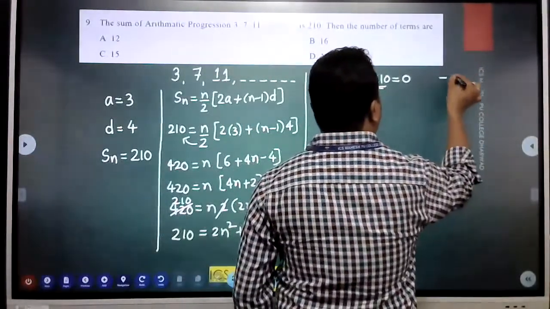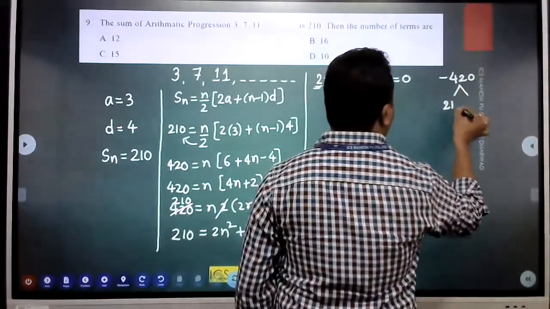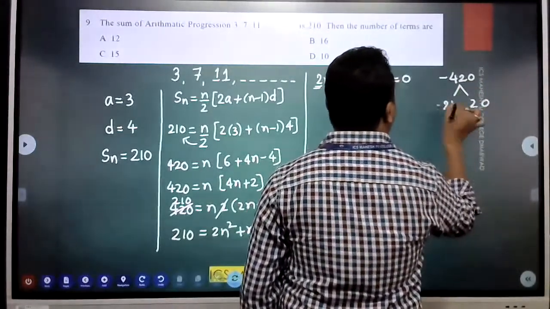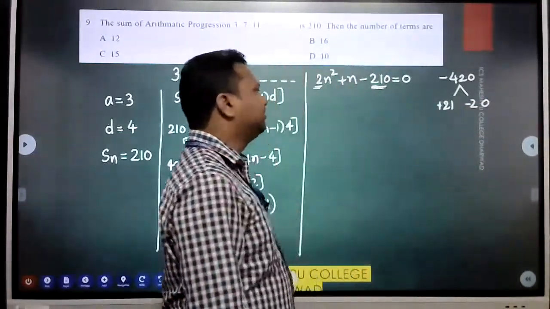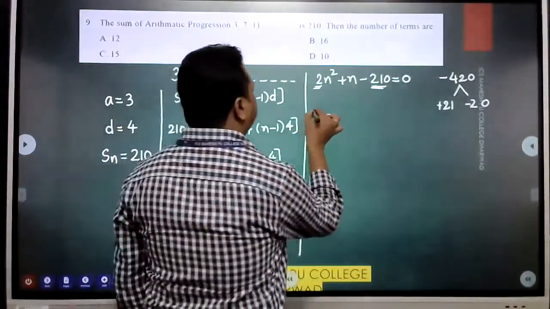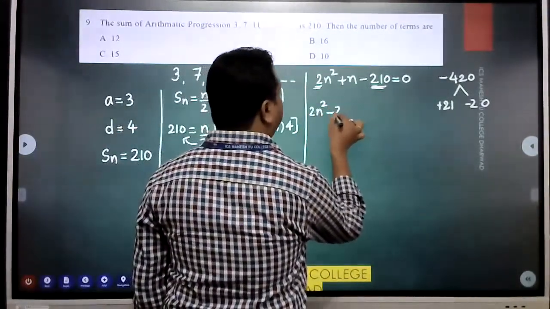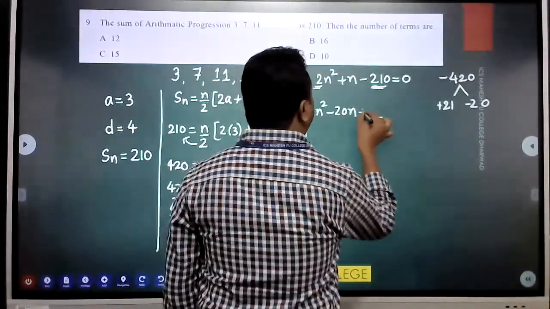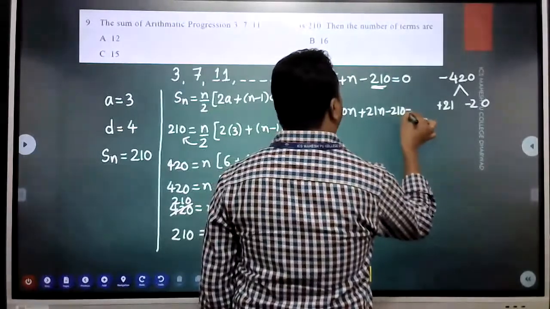Hence the factors will be 21 and 20, where the larger value has sign plus and the smaller value has sign minus, because plus into minus is minus. So let me split it as 2n square minus 20n plus 21n minus 210 is equal to 0.